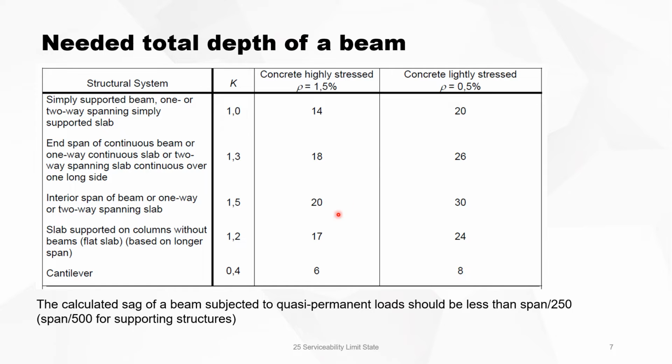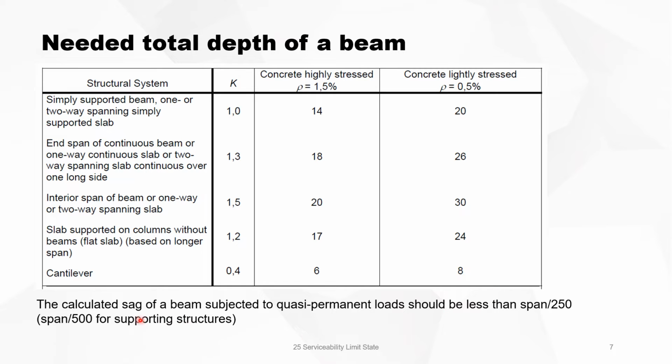So, for instance, if you have a simply supported beam and a slightly stressed beam, then you can use as a first step a slenderness L over D equals 20. This is a way to quickly estimate the needed slenderness of a beam.